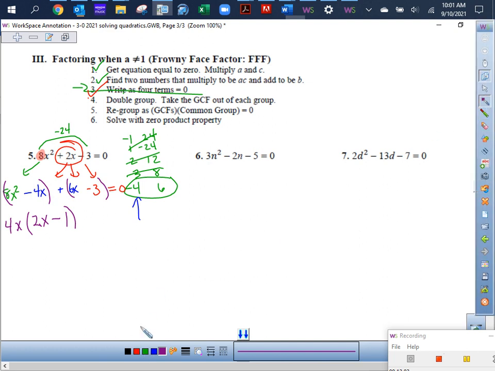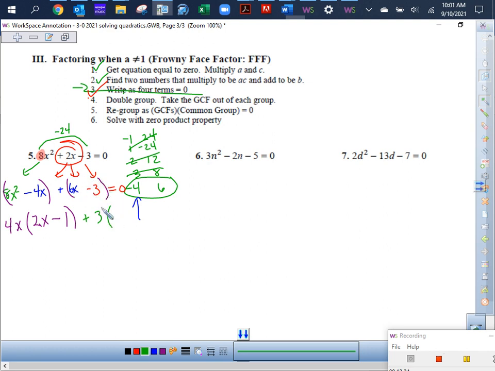Then we got to do it again. And here's the trick. Whatever sign this term is, this is a positive, whatever sign he is, that's the sign of the GCF you have to take out. So since this is a positive, we got to take out a positive GCF. Between a 6 and a 3, we can take out a 3. This has x's, this does not have x's, so we can't take out any x's.